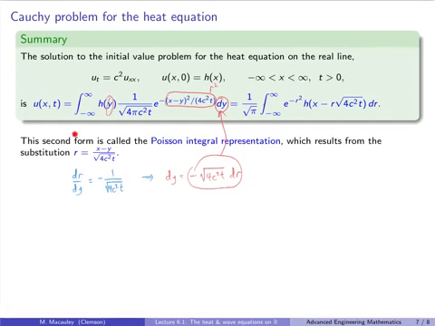And finally, we have to plug something in for y as well. From this thing right here, we can multiply by root 4c²t, and we get that y equals r times root 4c²t. Well, we have to make this negative because there's a negative y right there, and then plus x.